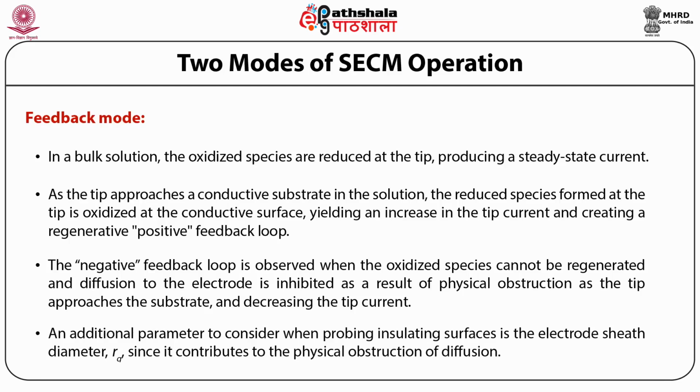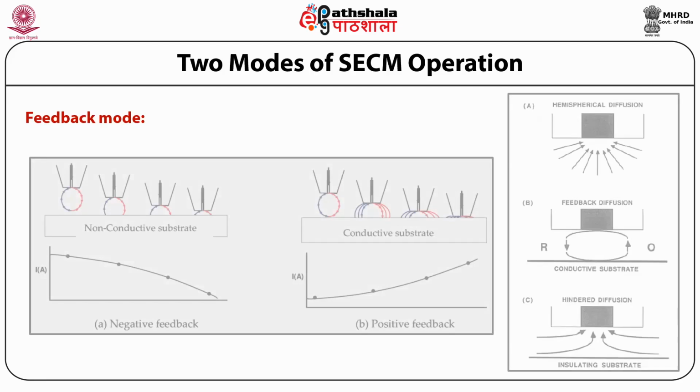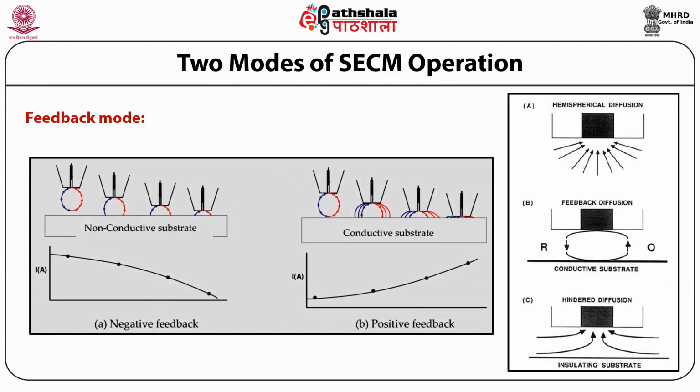An additional parameter to consider when probing insulating surfaces is the electrode sheath diameter, since it contributes to physical obstruction of diffusion. The changes in tip current as a function of distance can be plotted as an approach curve, as shown in the figure.